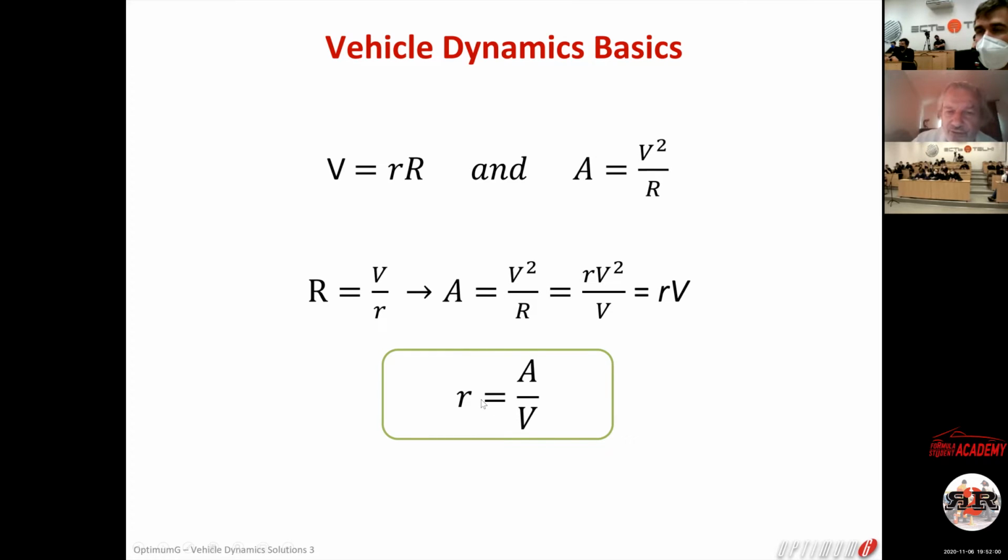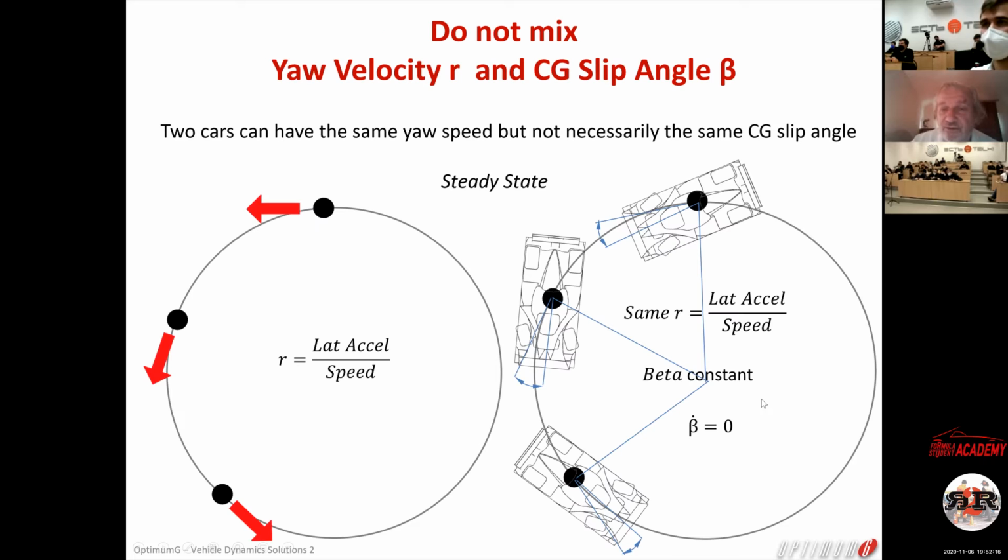In other words, if you, sorry, I had to sneeze. If you differentiate the yaw velocity, you agree that your yaw acceleration will be zero in steady state on a skid pad. Okay. All right.